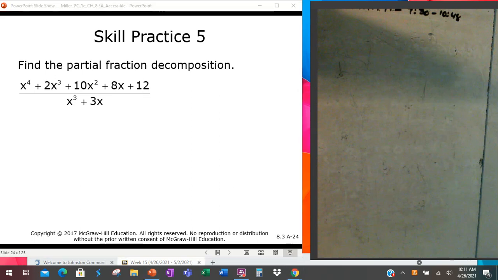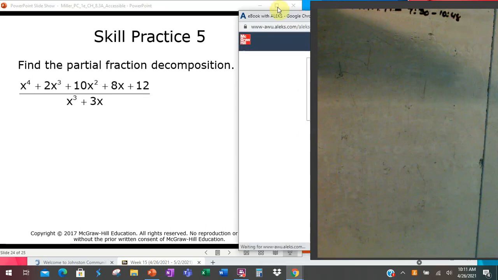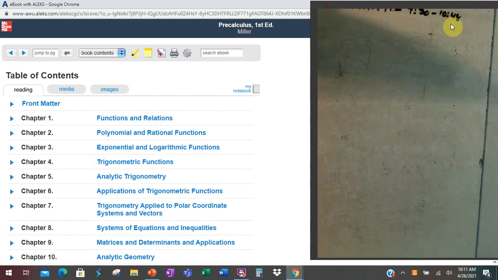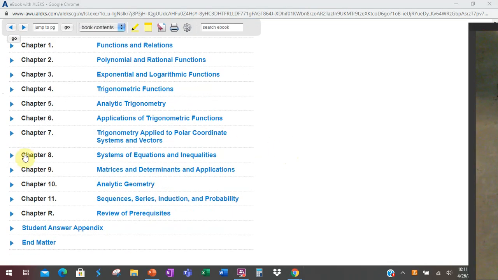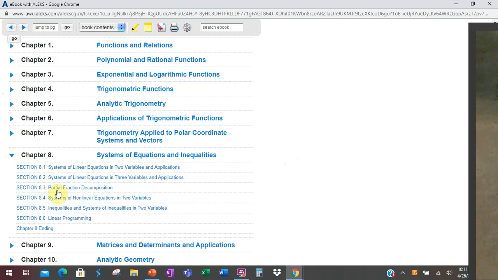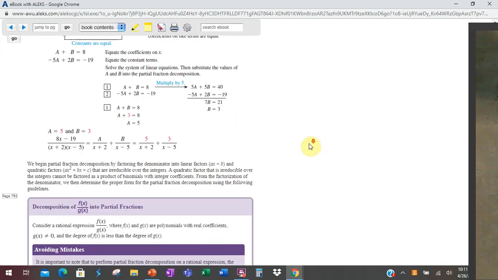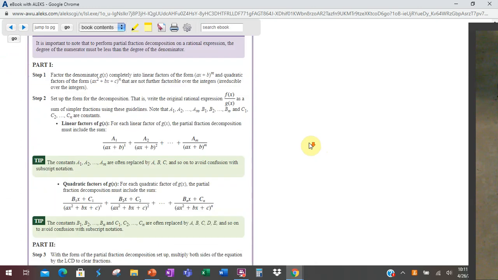Slide this over. So if we go into our Chapter 8 material, here's our 8.3. There's a nice little table here that gives you the form of this.